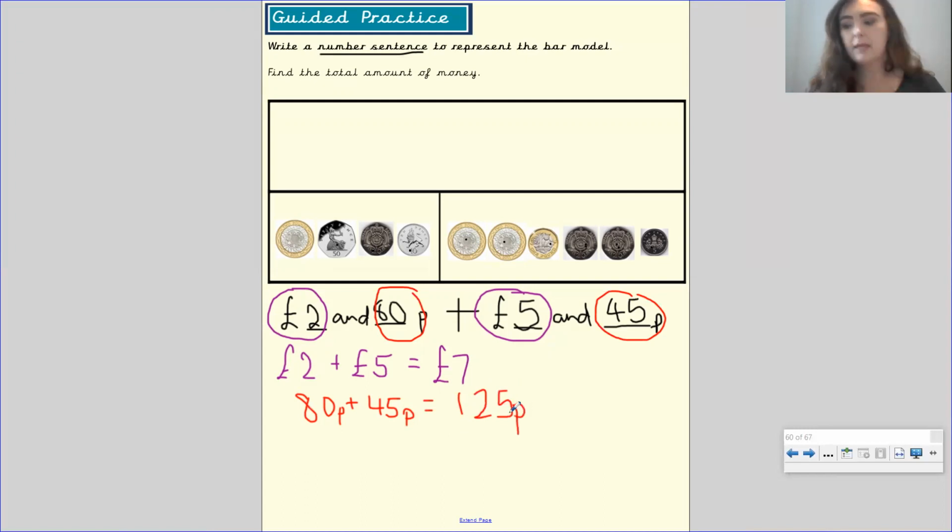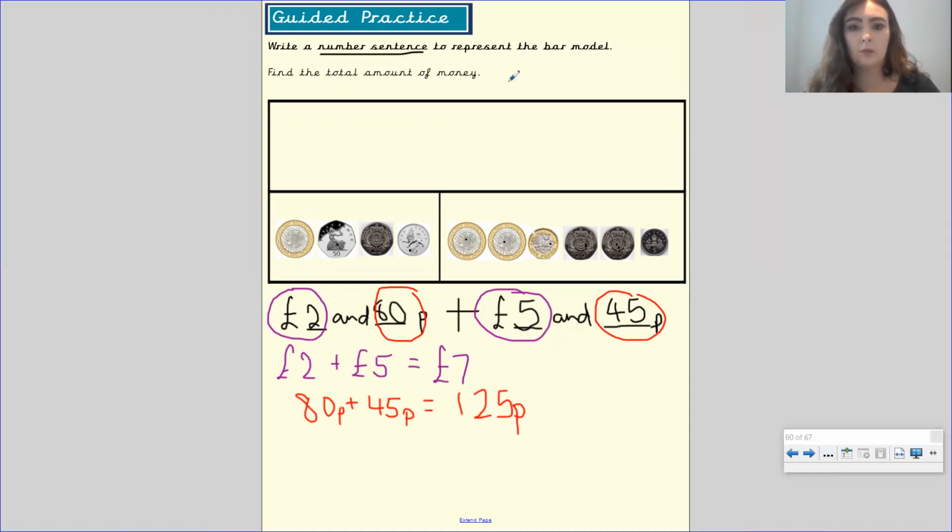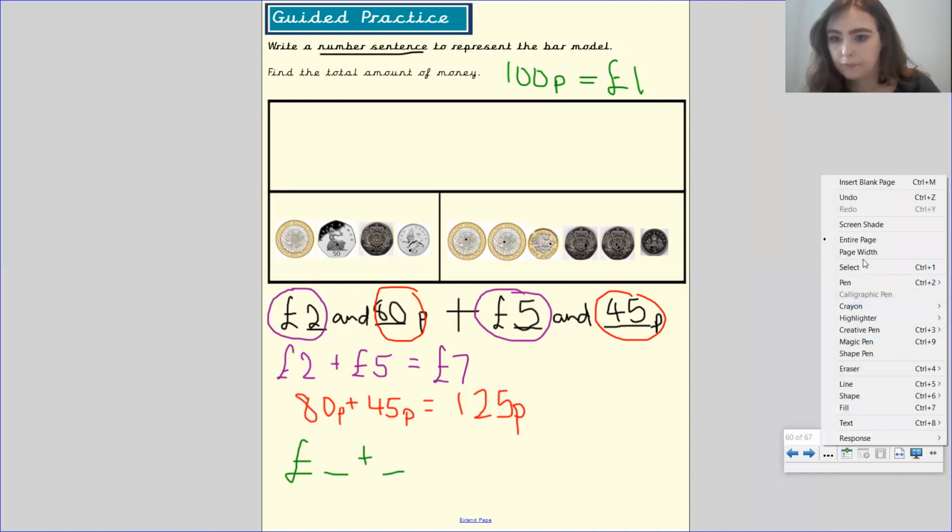Okay. Now we need to use our knowledge of knowing that 100 pence is the same as £1.